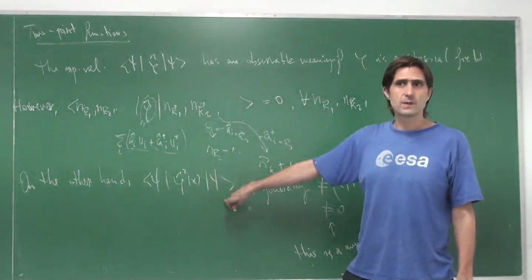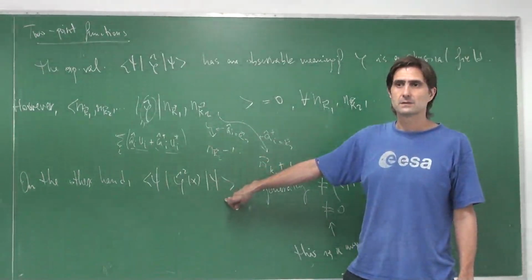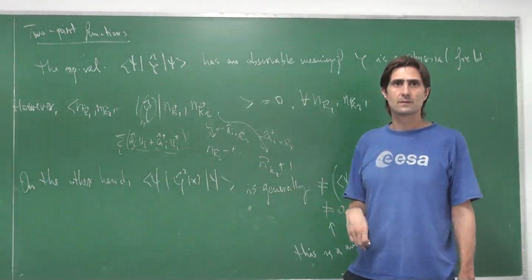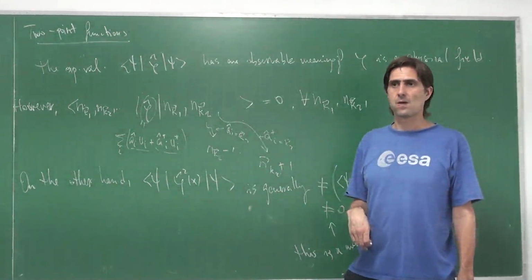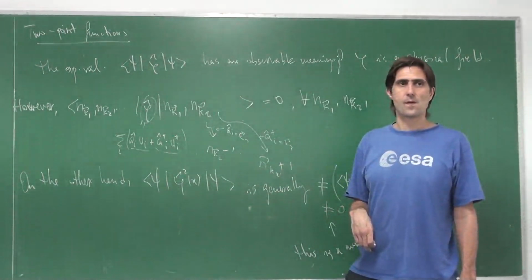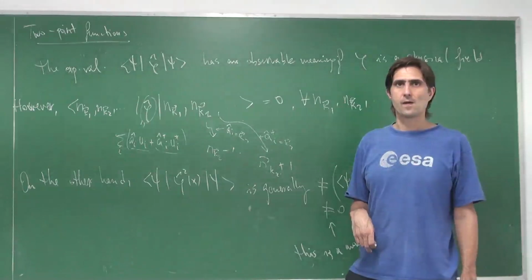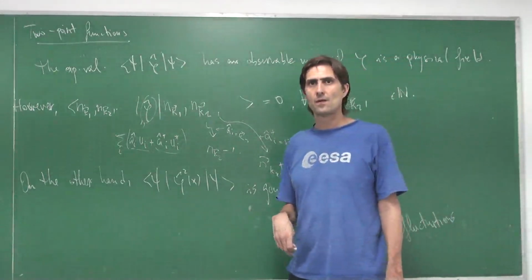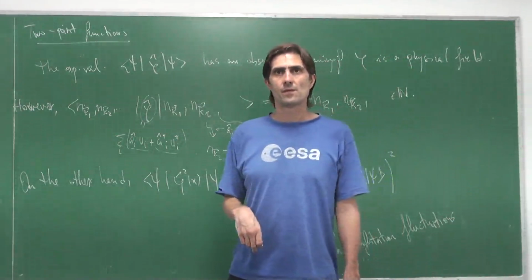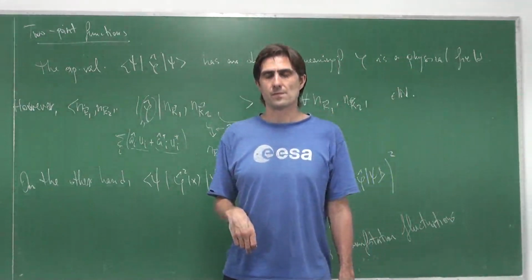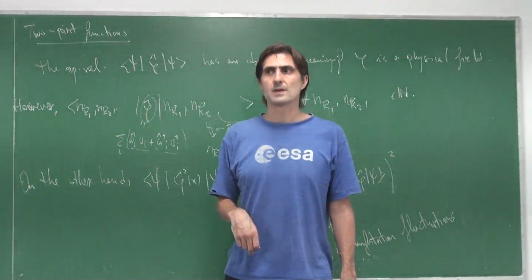Is this well defined? Well, if phi is a distribution, it should not be, because we have some kind of delta squared. That's right.